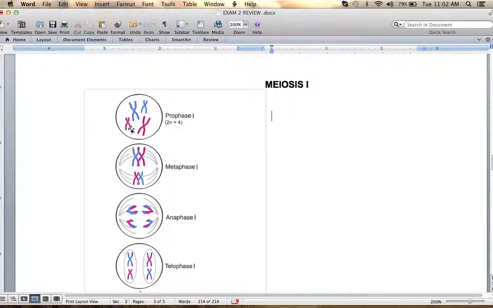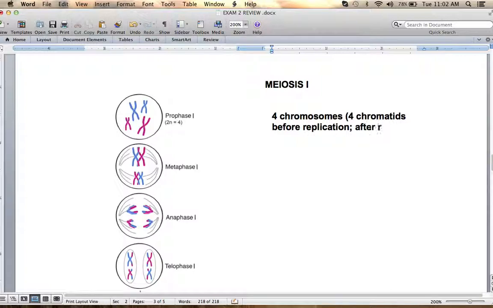So there are 1, 2, 3, 4, 5, 6, 7, 8 sister chromatids total in this prophase 1 cell. You've got a total of 4 chromosomes in this cell, and that means that before they replicated, that would have been 4 chromatids, but after they replicated, there are 8.